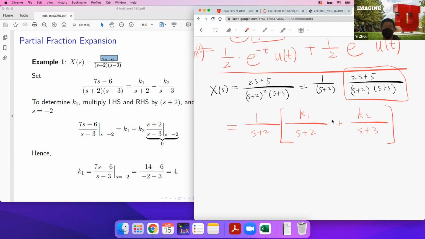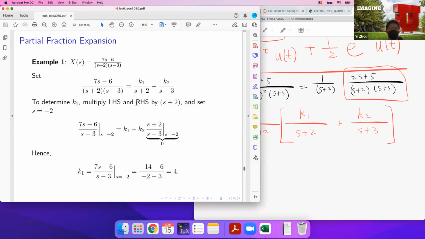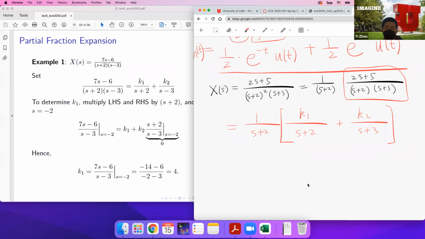The values of k1 and k2 can be identified by following this process. So after that, you almost have the decomposition. The first one, you get k1 over (s plus 2) squared, and this is already the simplest form. You cannot decompose it anymore.